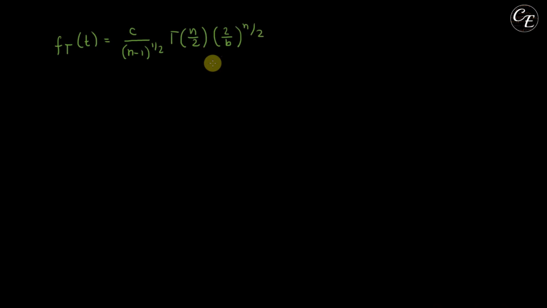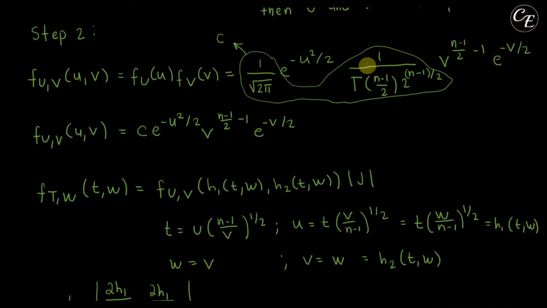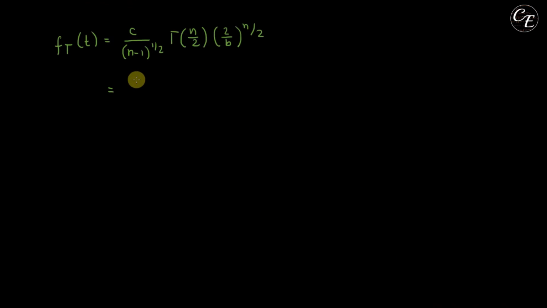And then let us now bring back the constants c and b. So for c we have this, so we can put it there. So we have 1 over square root of 2 pi, then times 1 over gamma of n minus 1 over 2, and then 2 raised to n minus 1 over 2.